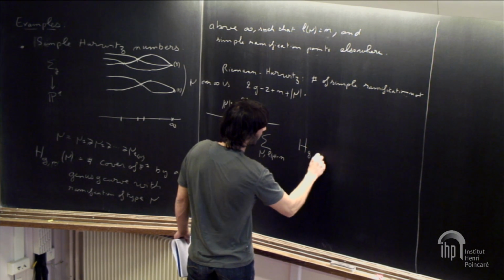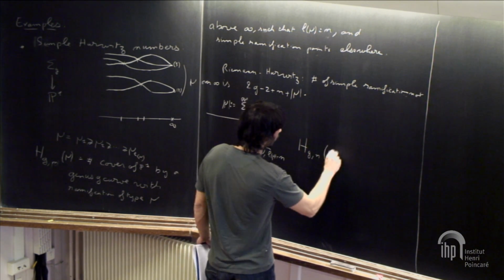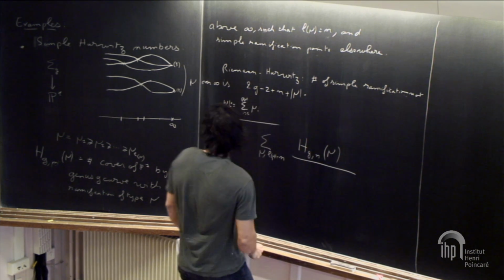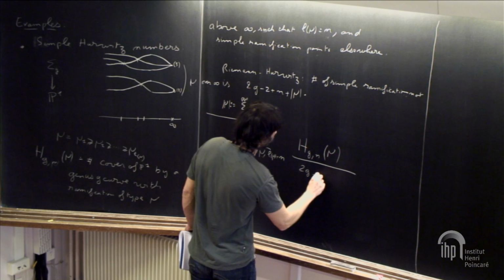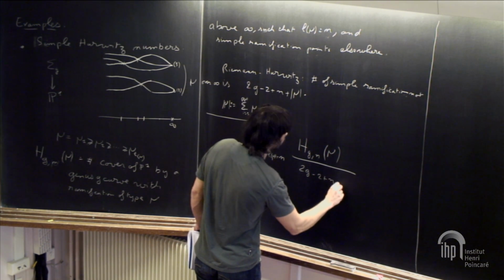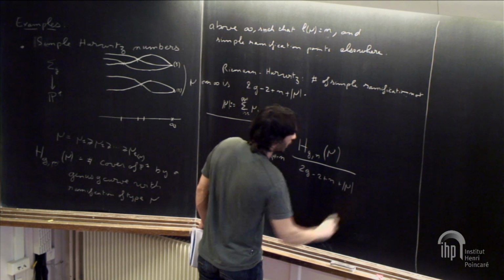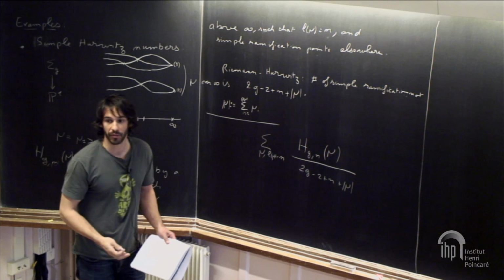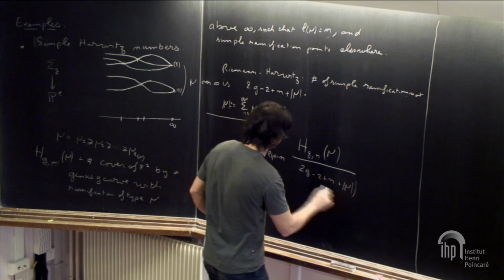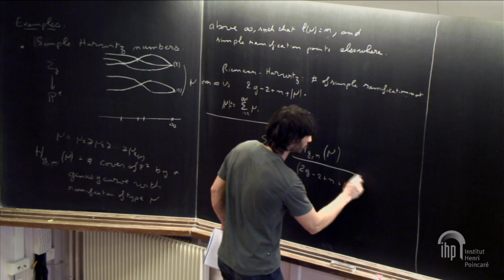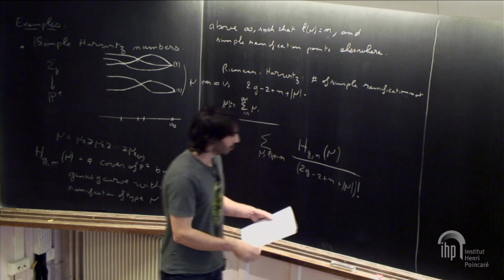I give it a weight hgn mu. I divide by the number of simple ramification points. And what I want to do is to build a generating series for that.